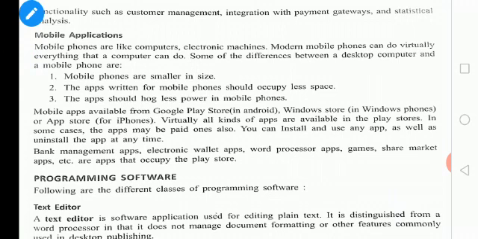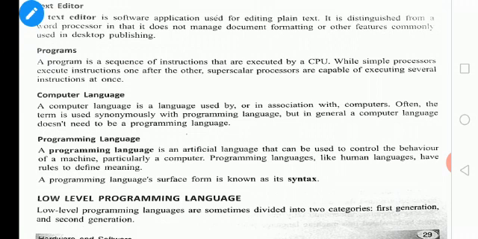Okay, it is slightly different from the word processor and the desktop publishing that we have learnt in the general purpose software. It is different from desktop publishing and also word processor because it does not manage the document formatting. So it will not deal with the document, it just edits the plain text. Okay, so that is the text editor we have seen already.